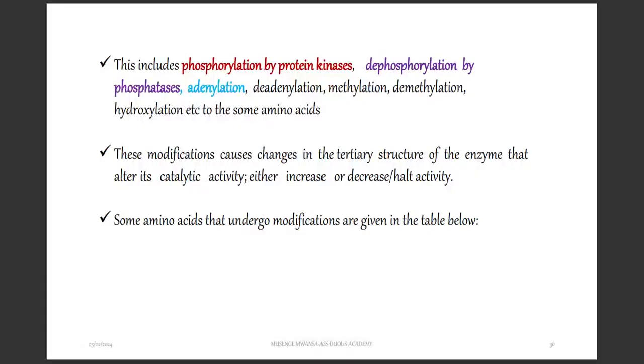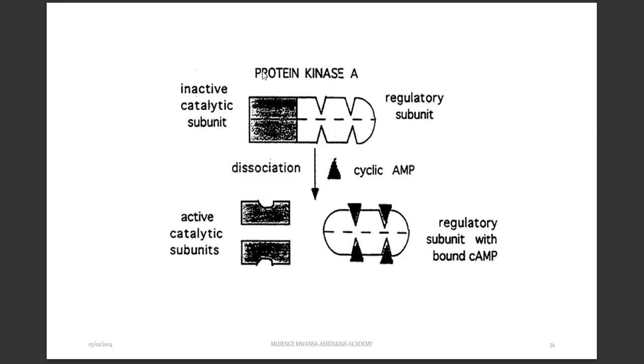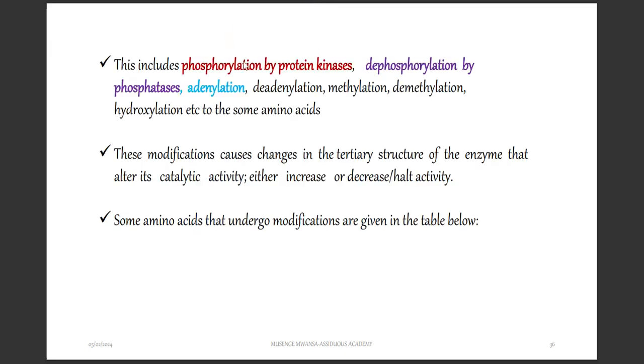There are also some covalent modifications that can happen to these enzymes, and they include phosphorylation. Phosphorylation is just the addition of a phosphate. Every time you hear of an enzyme being a kinase, it means that it adds phosphate groups to other compounds. Remember, protein kinase A, we also call it PKA.